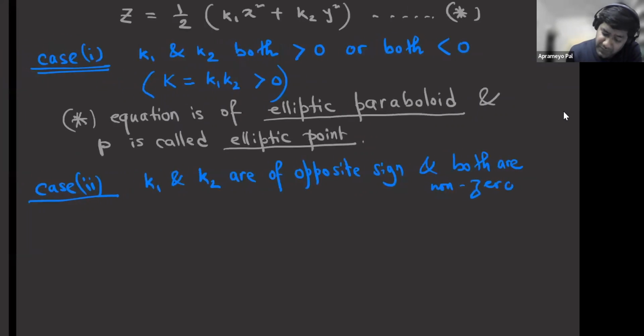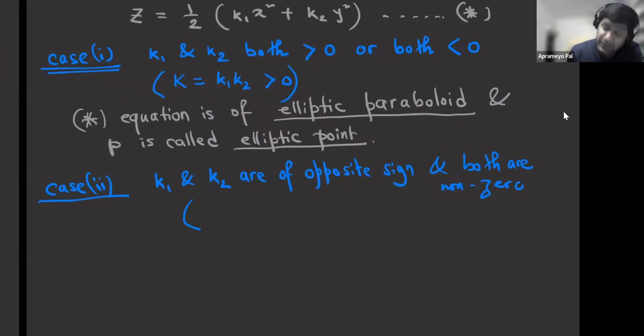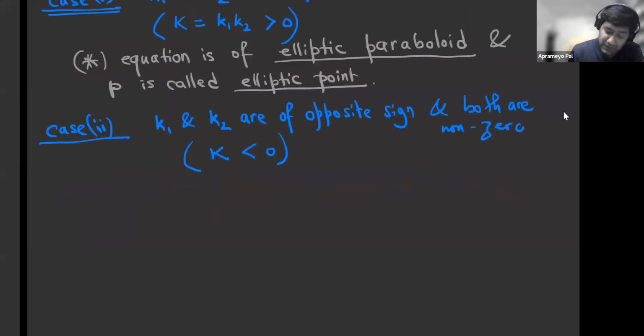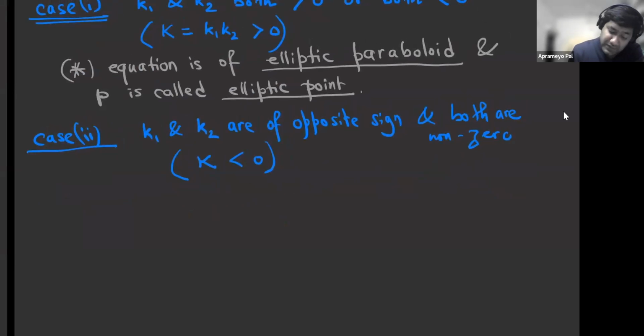So what does that mean for the Gaussian curvature? K is less than 0. If this is the case, then again it's a known equation.